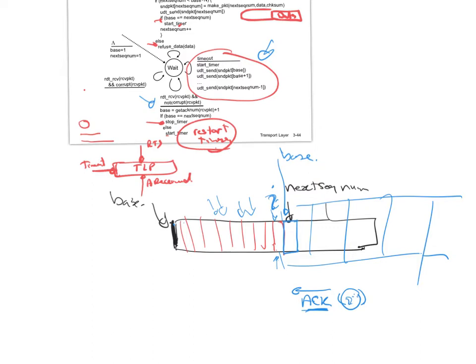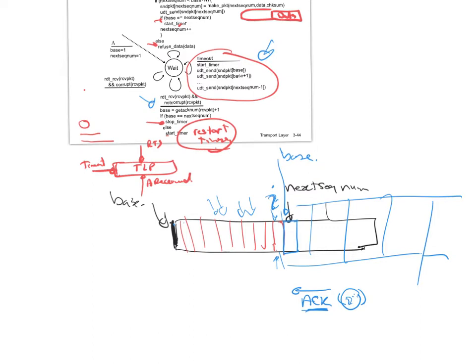The ultimate goal here is that by the time I finish sending the n segments, I will have received at least one acknowledgement, which means I will always keep sending, and that's the scenario that I'm looking for, because this means that the channel utilization is the maximum. I'm always using the channel to send. Okay? Unlike, for example, stop and wait: I send one packet and I wait until the acknowledgement comes.